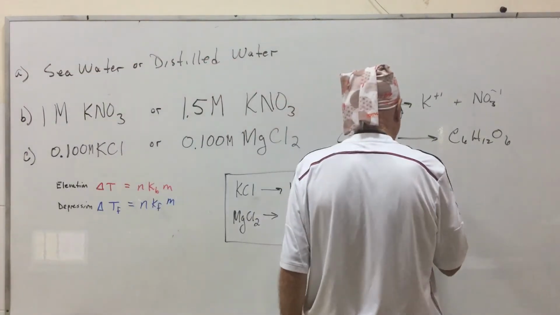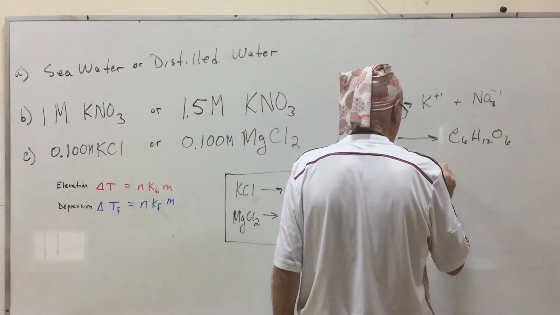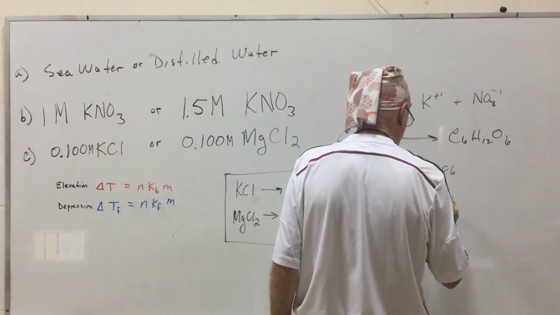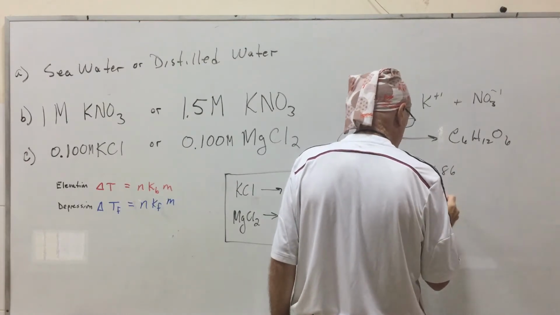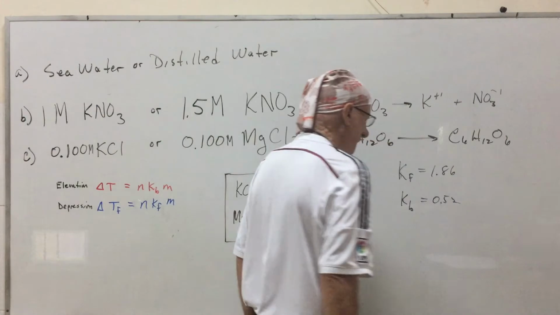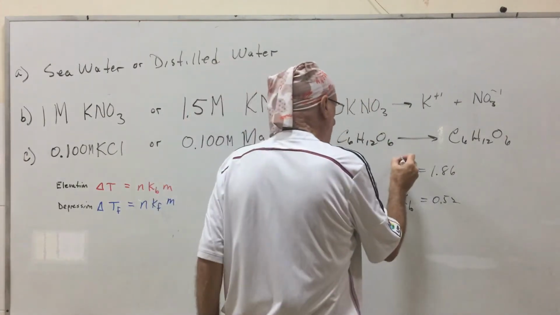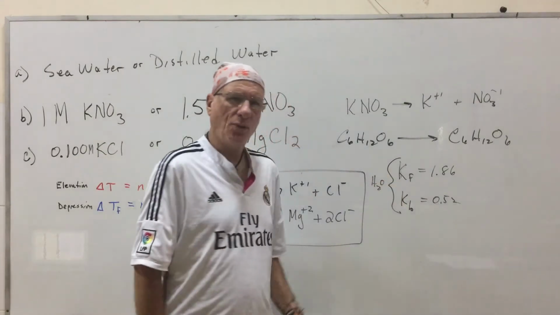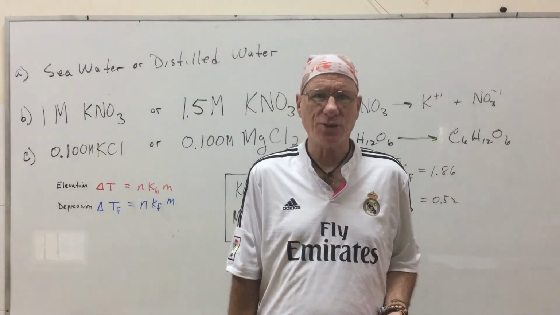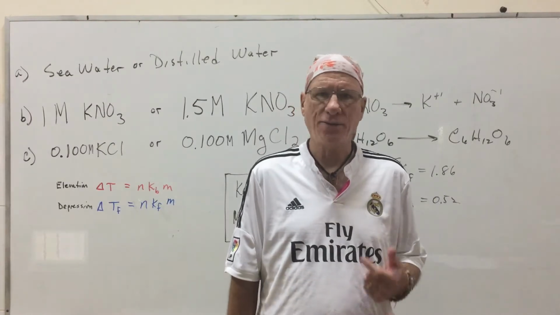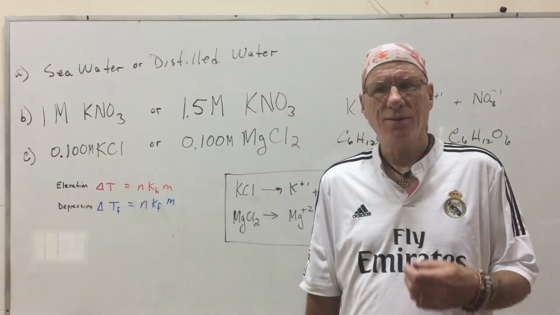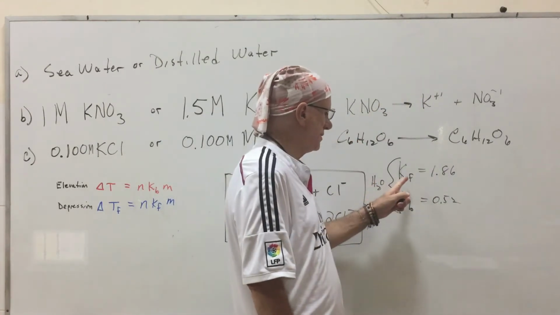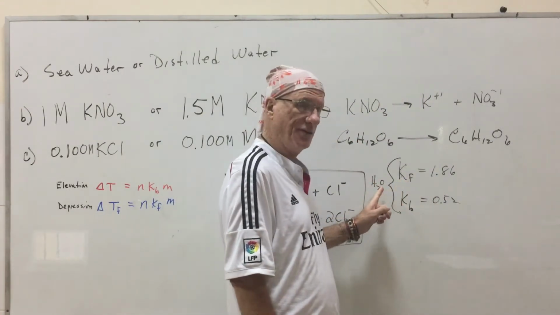If I recall correctly, Kf is 1.86 and Kb is 0.52. This is for water. If it were benzene or carbon tetrachloride or ethyl alcohol, it would be different K values. These are the constants for that solvent.